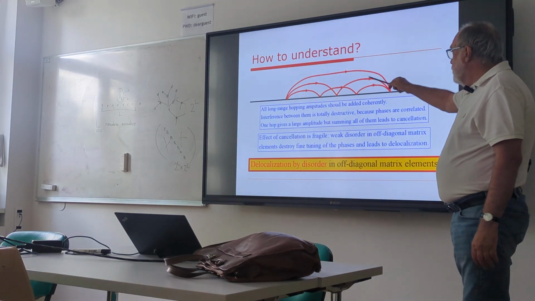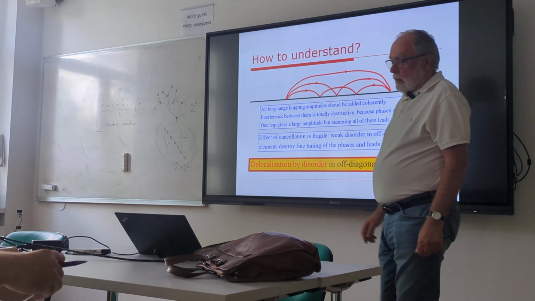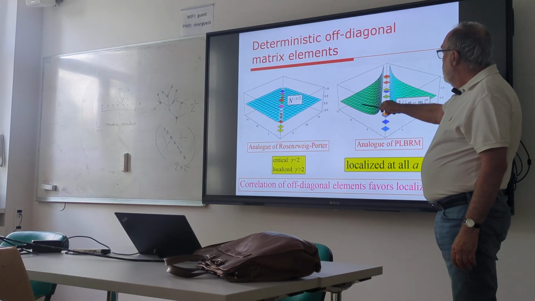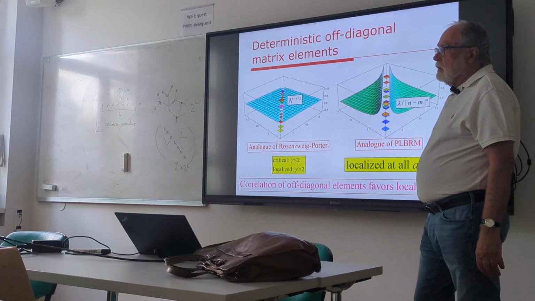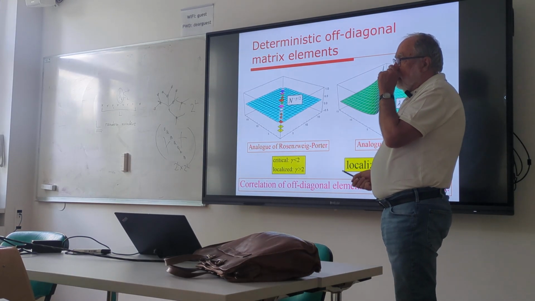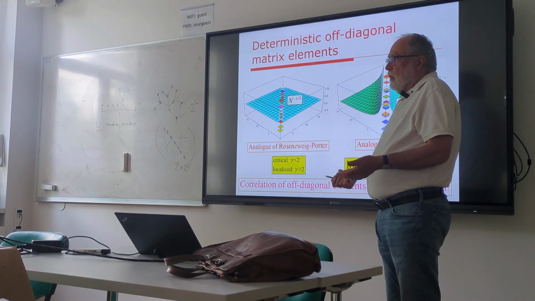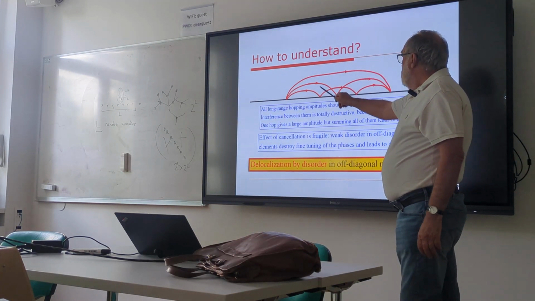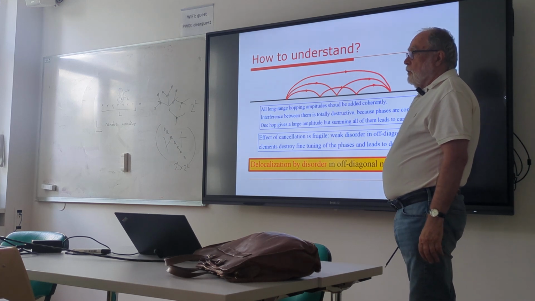So they kill each other because of the phases, and that of course is only possible if there is no disorder in the off-diagonal matrix elements. Because if there is disorder, then there are signs plus and minus, and those signs mean phases 2 pi and pi. And this means that the phase of these processes will be random.